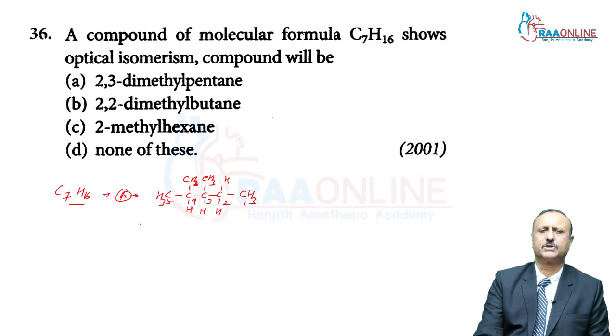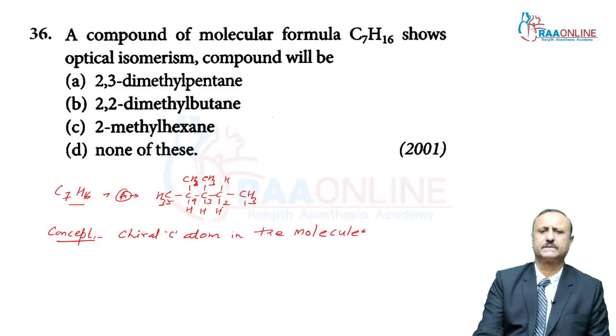Optical isomerism is shown by those compounds in which chiral atoms are present. Concept: we can see a chiral carbon atom in the molecule. So you can see which chiral carbon atom is present here.